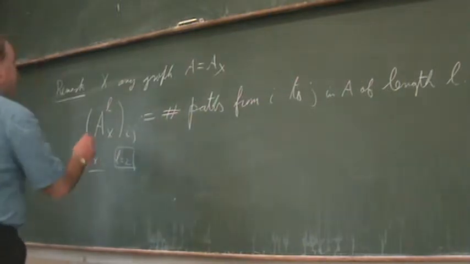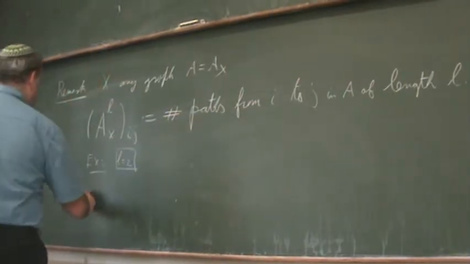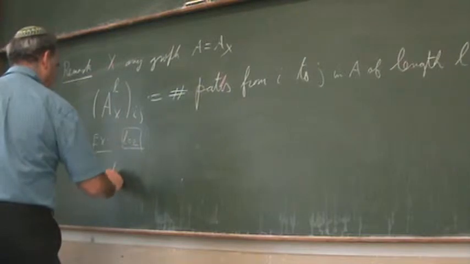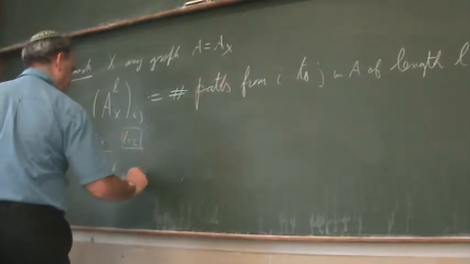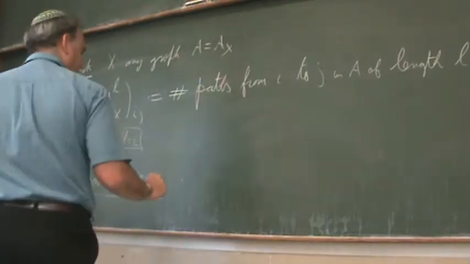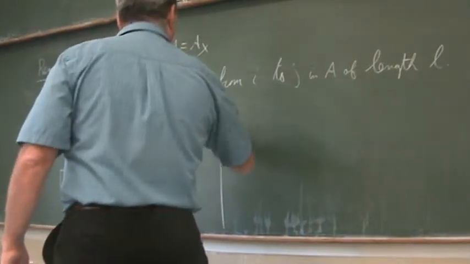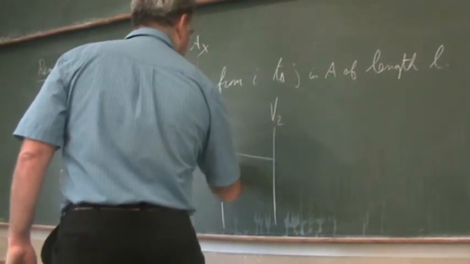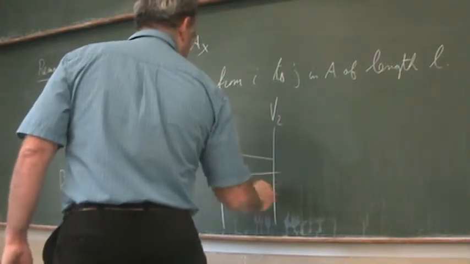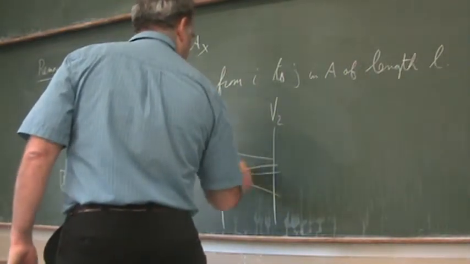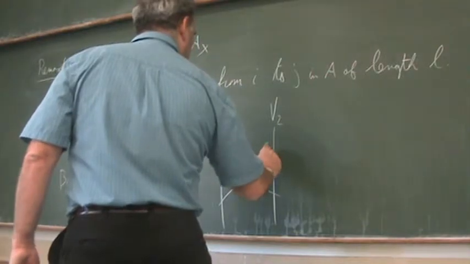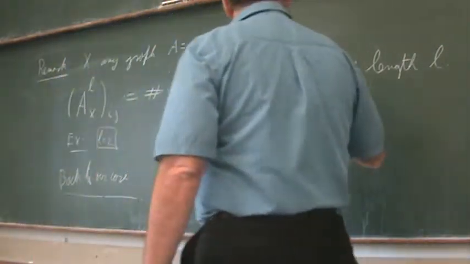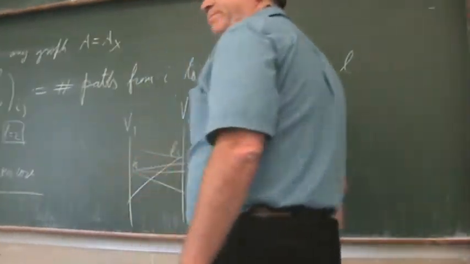Okay, so now back to our case. Here we have V1 and we have V2, and the degree here is K1, the degree here is K2. And what is A squared?